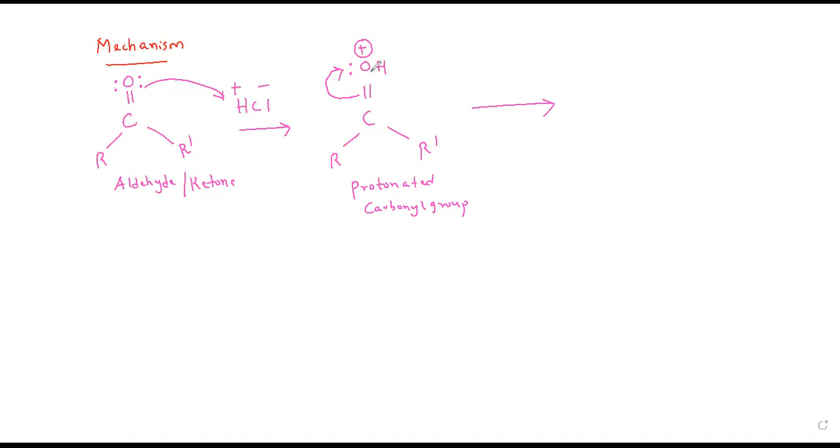So when this pi bond is shifted towards oxygen, you will get only a single bond here, followed by oxygen with 2 lone pairs of electrons, hydrogen, R, R dash. Just due to the electronegativity difference, the bonding electrons will migrate towards oxygen. So oxygen will get two lone pairs of electrons with a single bond with carbon.